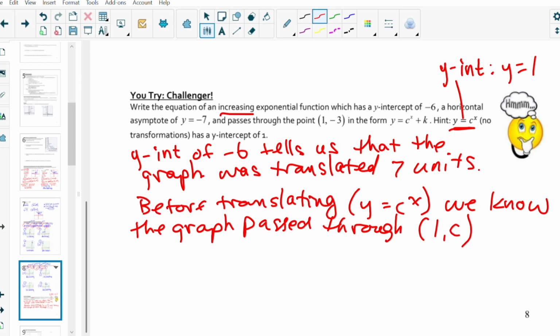That's just the basic characteristic. So, write the equation of an increasing exponential function which has a y-intercept of -6, a horizontal asymptote of -7, and passes through the point (1, -3).